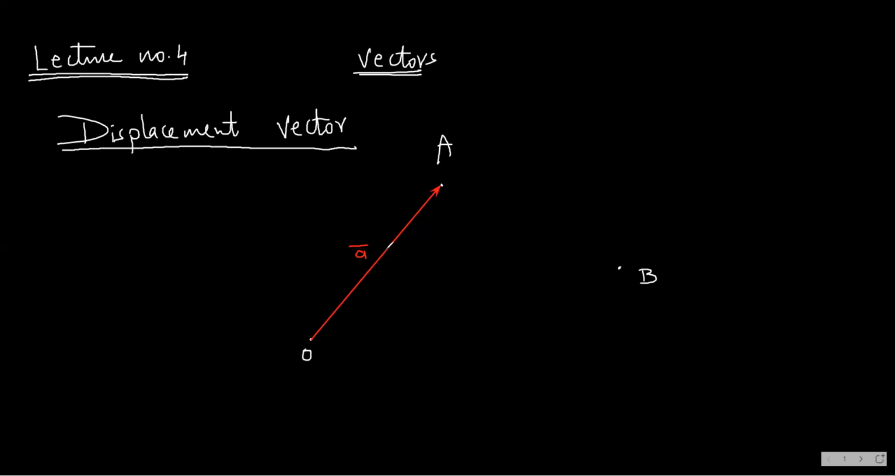So OA bar is A bar, the position vector of point A with respect to O.